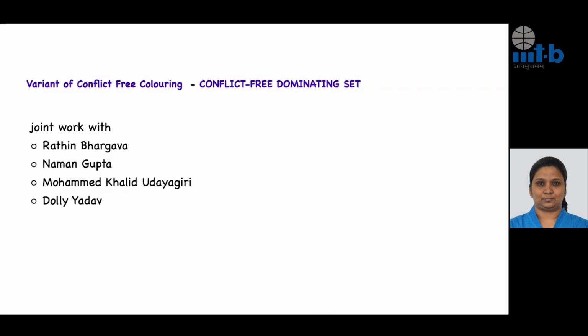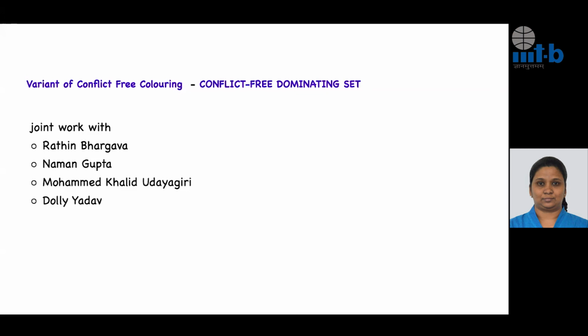So far we were asking the question, given a hypergraph, can you color it using k colors? Or equivalently, what is the minimum number of colors needed? We are optimizing the number of colors. In conflict-free dominating set, it asks something more. It says, can you color it using q colors? Also, if it is q-colorable, what is the minimum number of vertices that need to be colored so that it is conflict-free dominated using q colors?